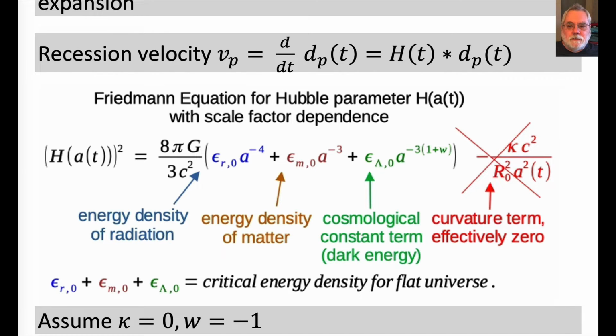Under these restrictions, the Hubble parameter will decrease monotonically with the scale factor and with time. For constant, non-zero dark energy density, the Hubble parameter will tend to a fixed positive value characteristic of the exponential expansion at large scale factor in the future.